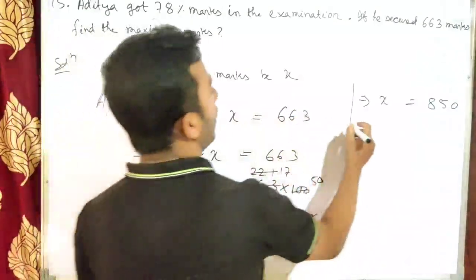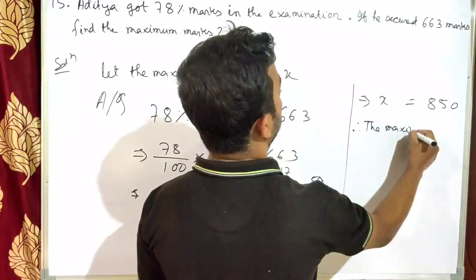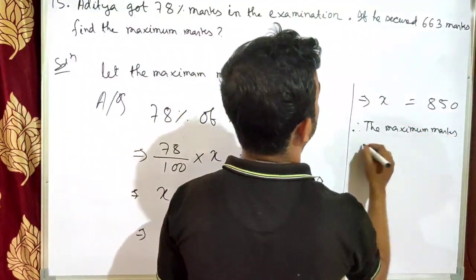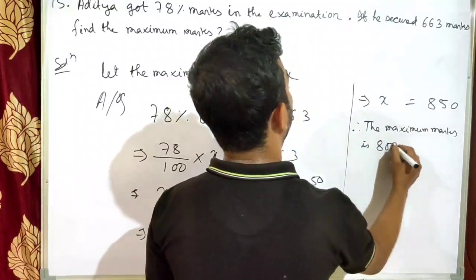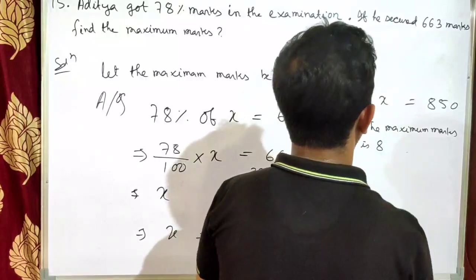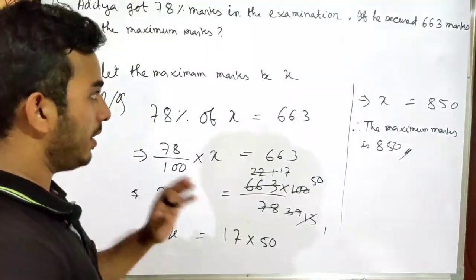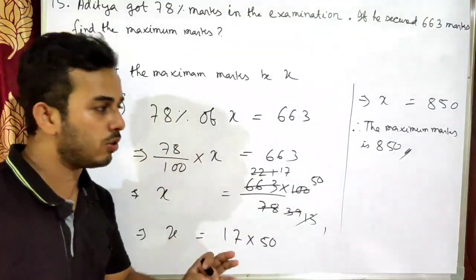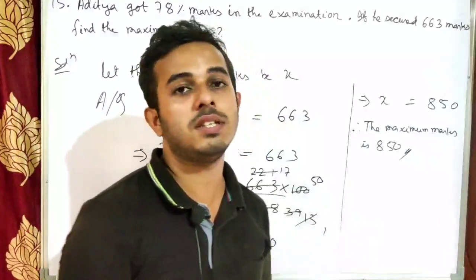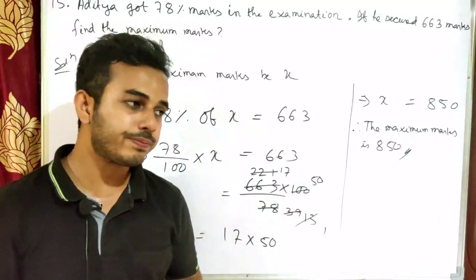X is the maximum marks, therefore the maximum marks is 850. Now if you find 78% of 850, your result will be 663. I hope this is clear to you.